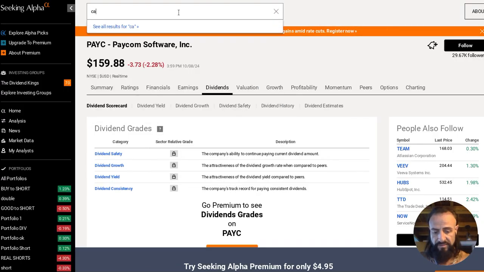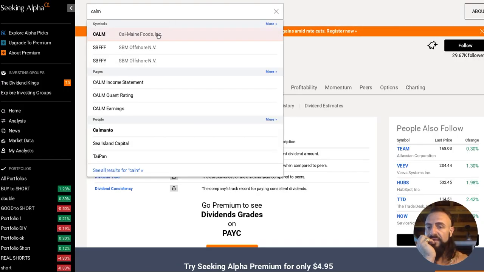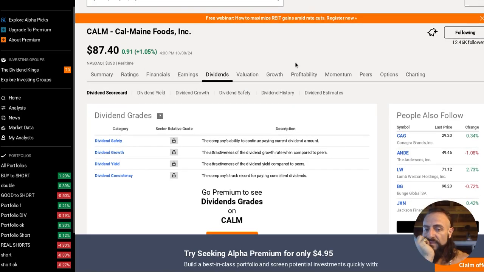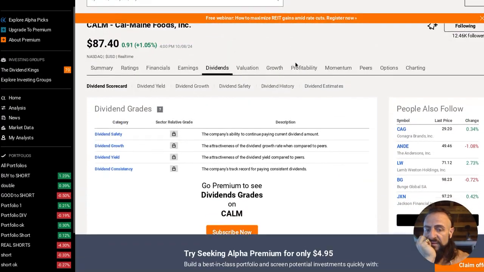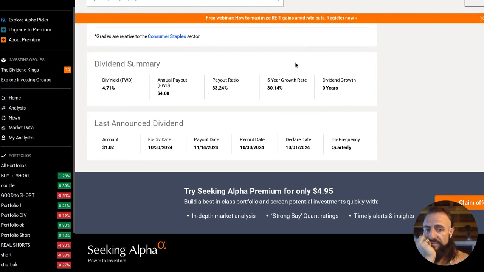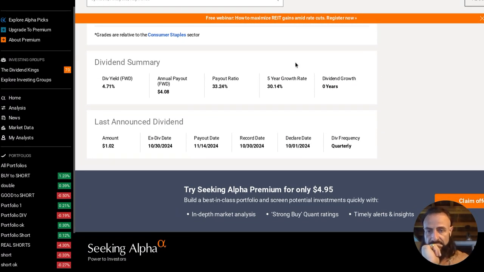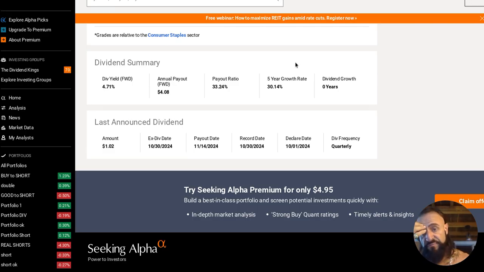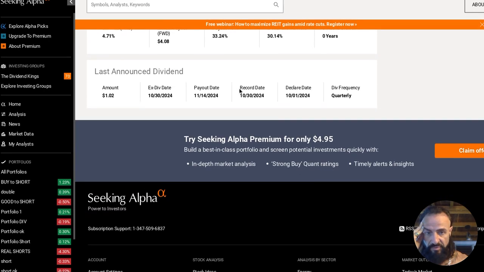Let's go look at the ticker, Cal-Maine Foods. It comes with nearly a 5% dividend, a 33% payout ratio, which is sustainable.